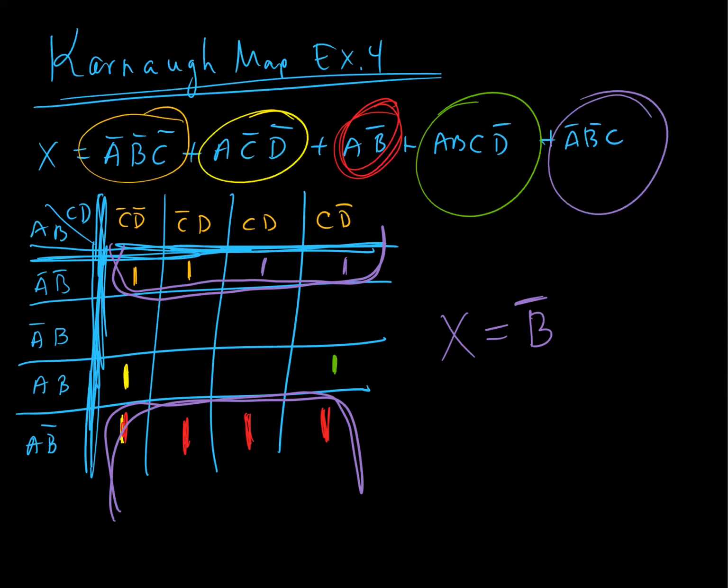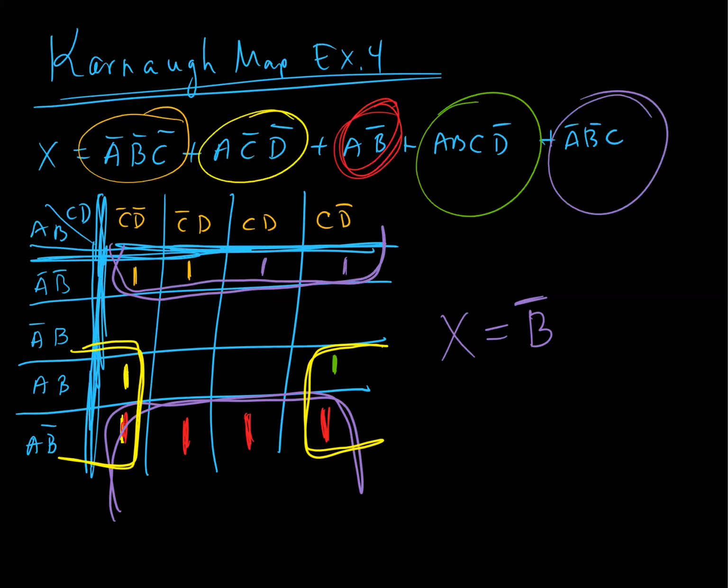So B bar is the first term of our answer. And then for the remaining 2 ones that we haven't circled, we still want to try and make the biggest grouping. The biggest grouping is actually a group of 4 if I group these 2 on this side with those 2 on that side, right? And remember, I can only do this when I'm dealing with the edge rows or columns of the map, right?